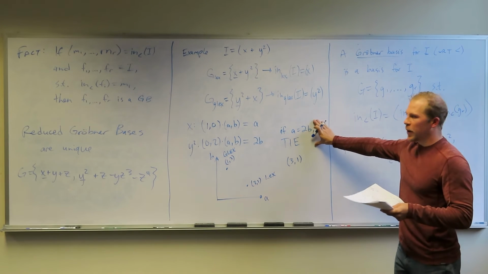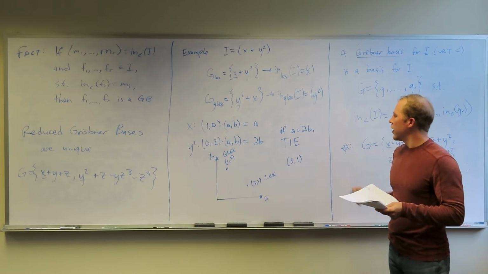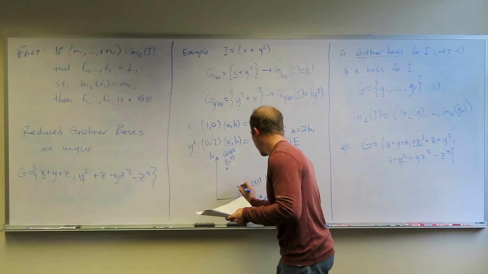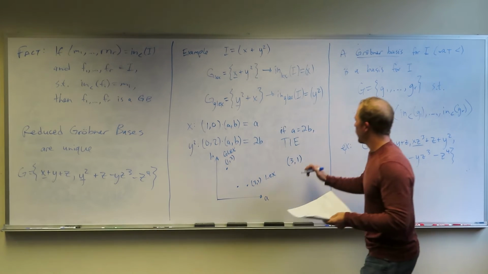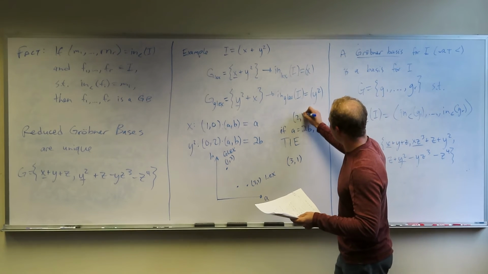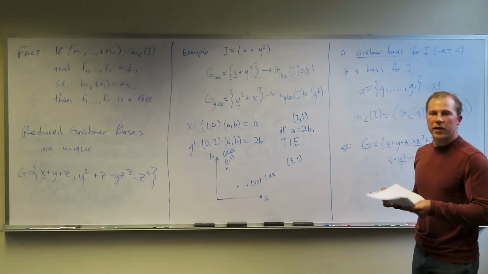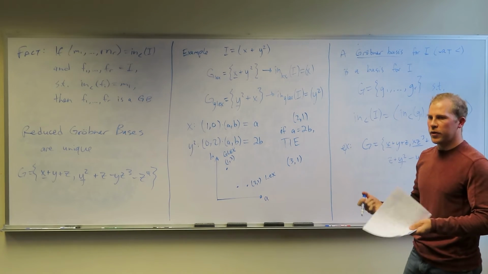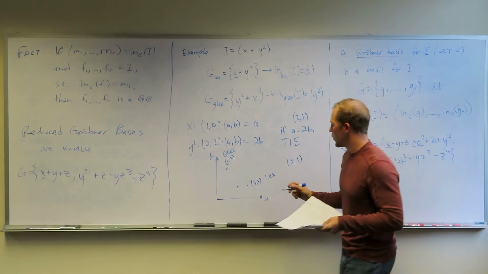Then we have this space of ties, which is where A is equal to 2B. What's an example of this? It's like 2, 1, where we'd have a tie. But really anything with this ratio is going to give me that tie. If I have 4, 2, or 6, 3, or whatever.